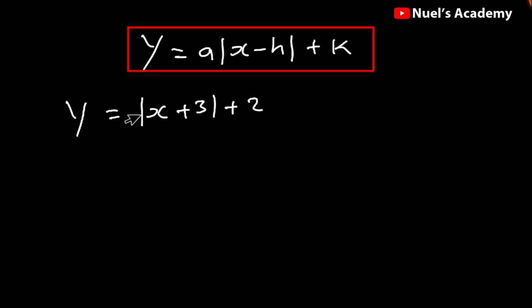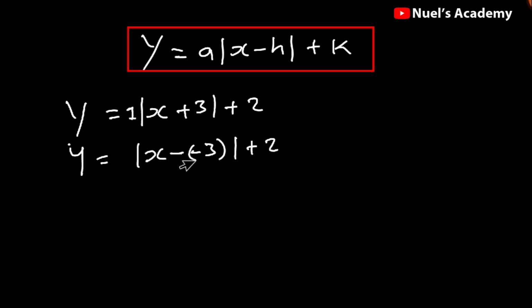Now here we have that a is equal to 1. For h, we can see that the value here is 3. But then we're going to rewrite this to be in this form. So we're going to write this as y is equal to the absolute value of x minus negative 3, because you know that minus times minus is plus. Then you have plus 2 here.